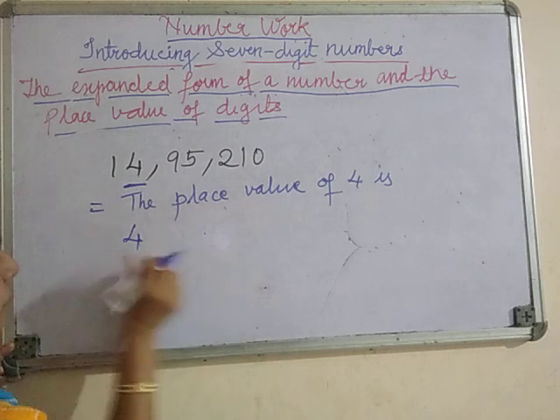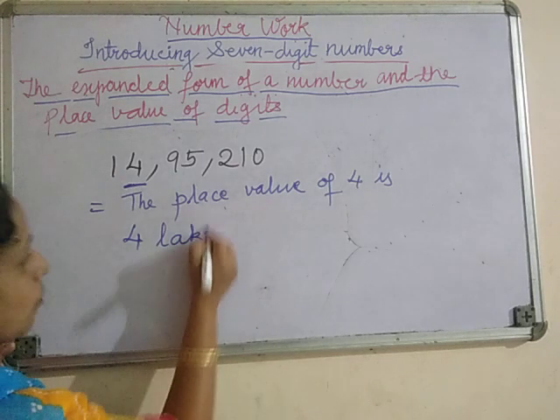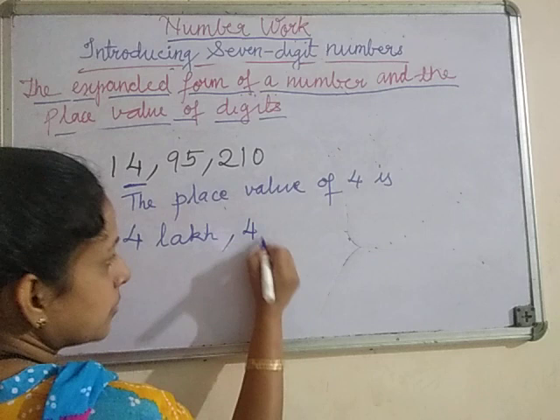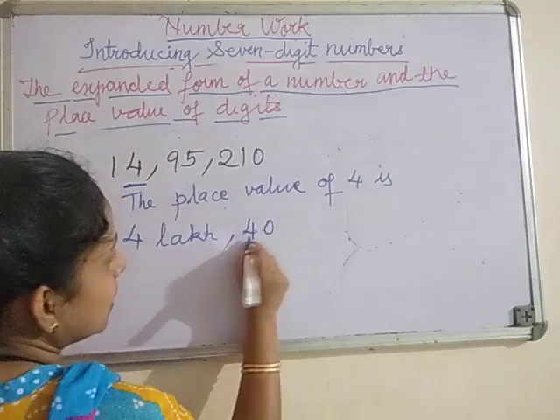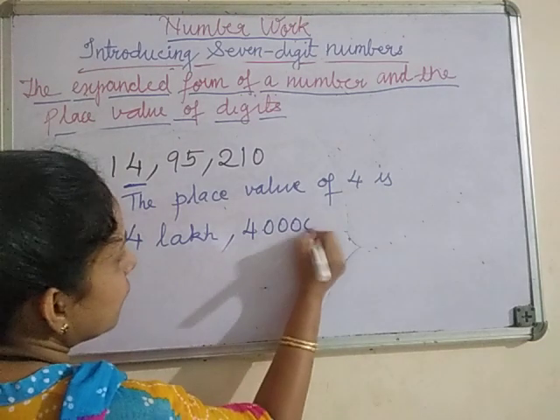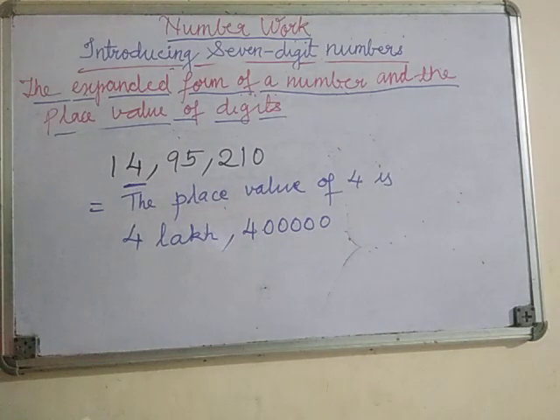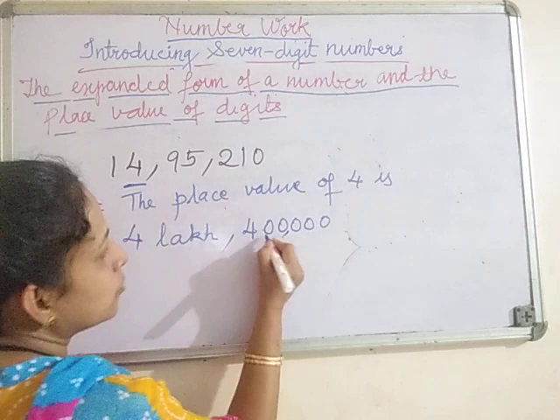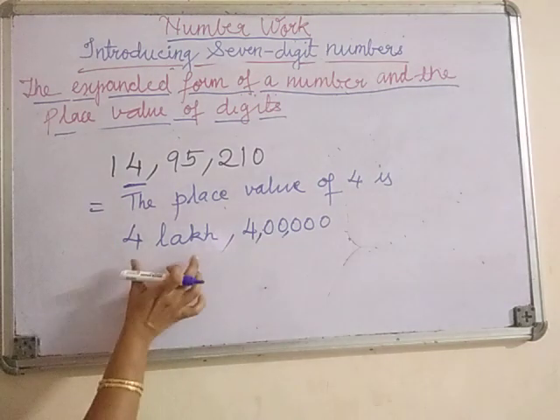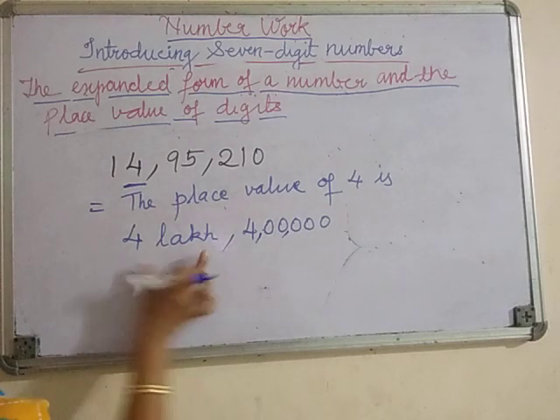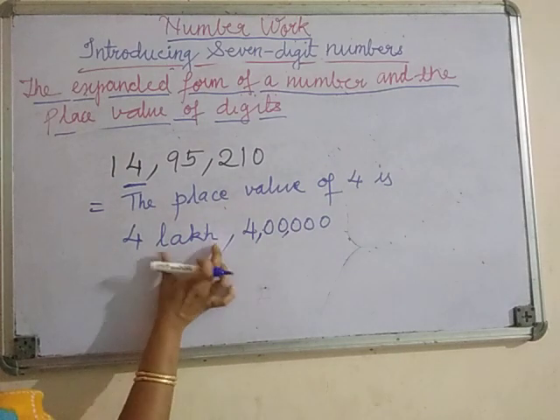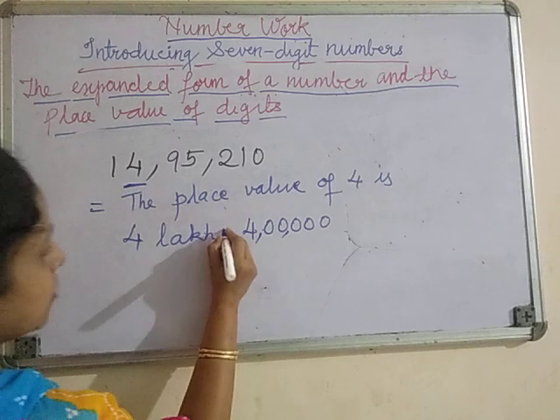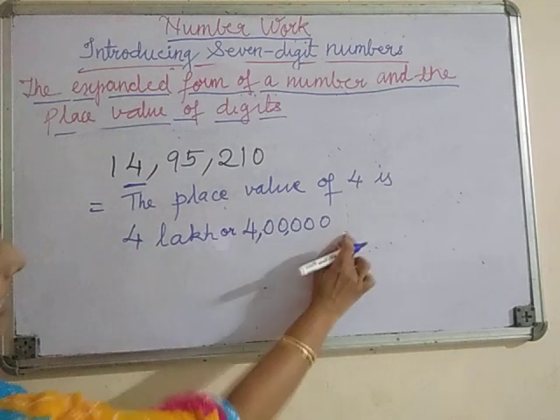Either you will write 4 and the word lakh, or you will write 4 and then 1, 2, 3, 4, 5, 6, because lakh is a 6 digit number, and in that 5 zeros are there. Now you will have to write only commas here. So the answer is either 4 lakh in words like this, or you can write it as 4,00,000, this way.